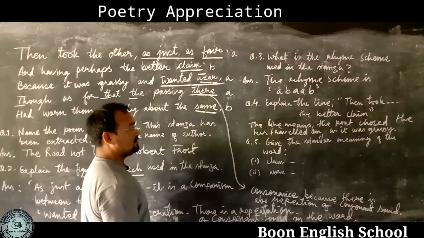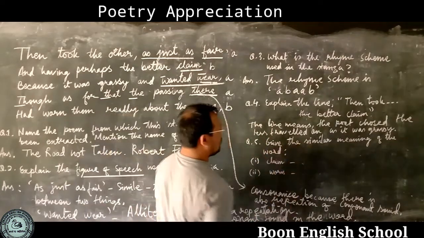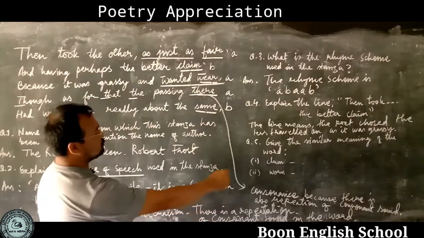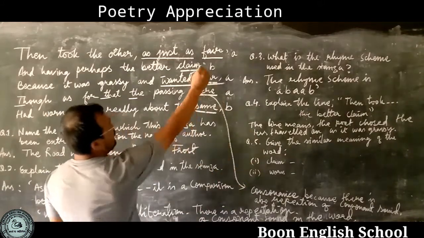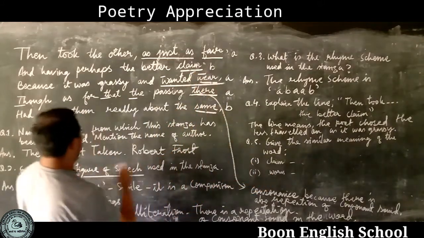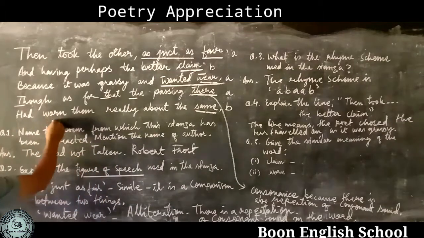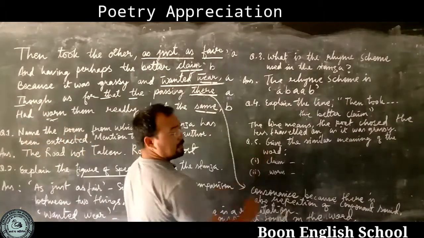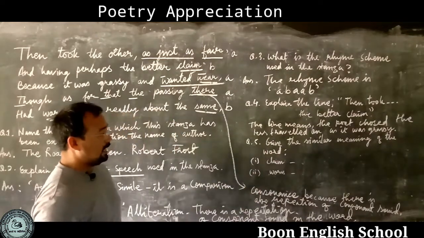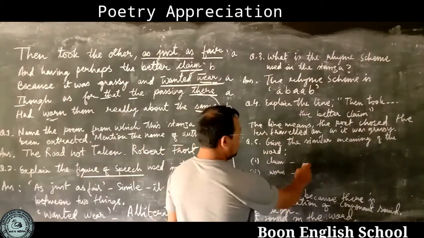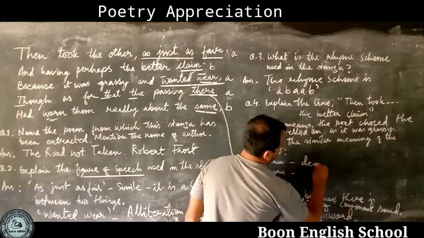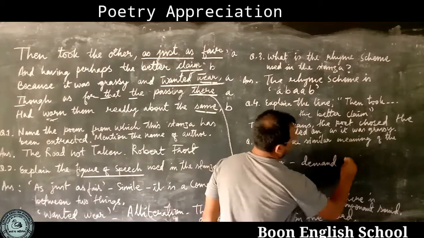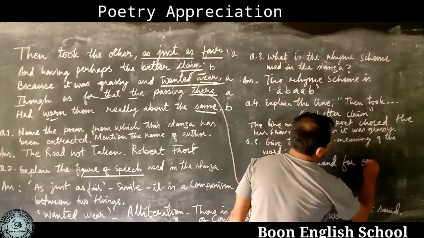Now question number 5 says, give the similar meaning of the word from here only. So this word claim you can see here, and one somewhere here. This kind of word will appear from the same stanza only. So claim means what? Claim means demand, demand for ownership.